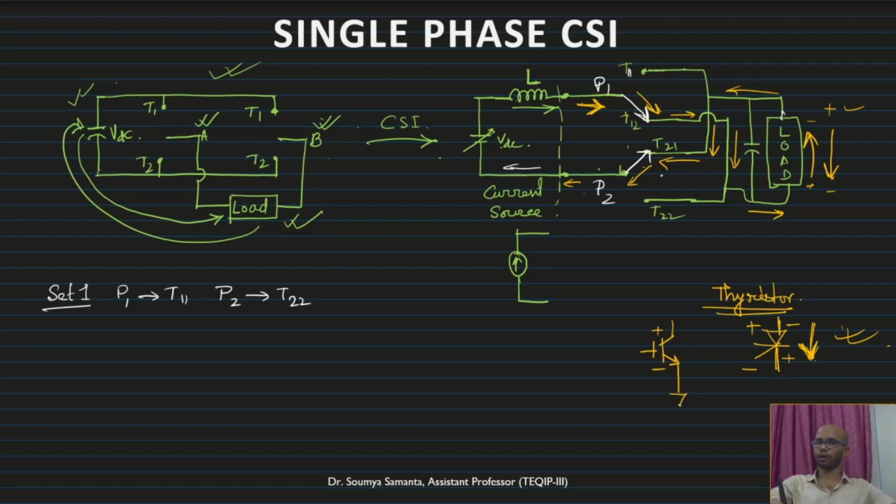And now if we connect this diode here, what will be the blocking polarity? It can block this polarity as well. So this switch can block both polarities, but what is the direction of the current? Through the switch, this is the direction of the current. Through the diode, this is the direction. So it can block both polarities, but the direction of the current is unidirectional.